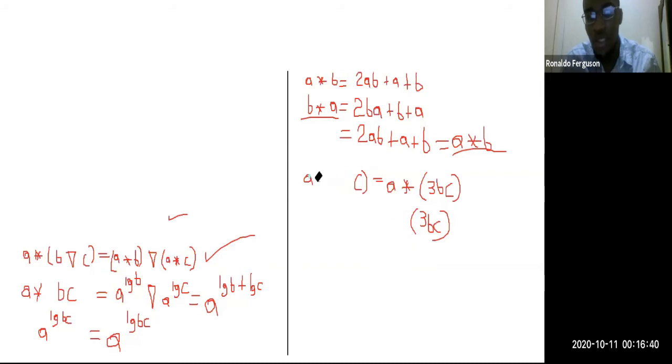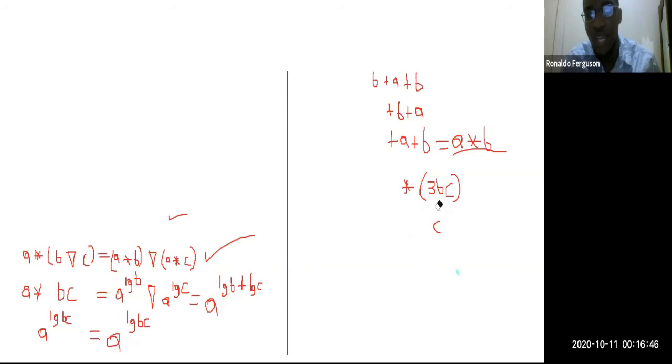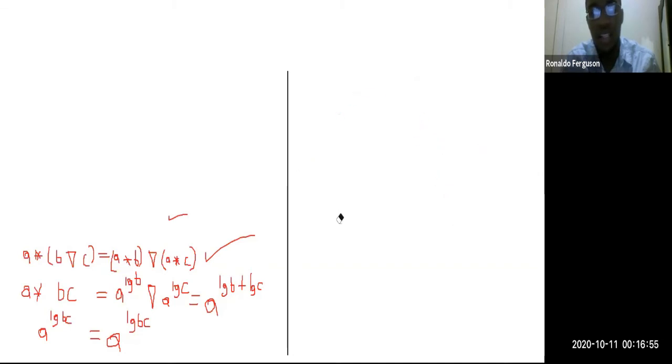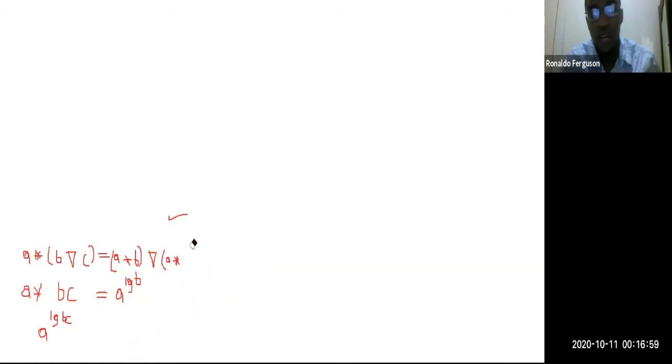So let's show the second part. Let's show that delta is non-distributive over star. To show that delta is non-distributive over star, we're going to have to show that when we work it out, the left hand side and the right hand side are not going to be equal.